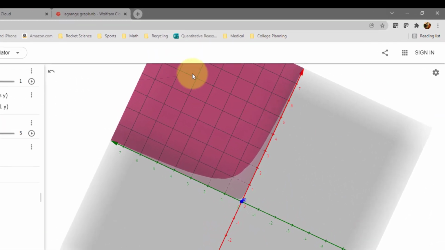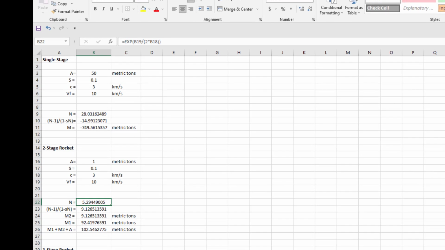It certainly looks that way in the graph as well, and I can see that that's precisely the value that I'm getting here when I take the function e to a power that is the final velocity 10 divided by the exhaust velocity 3, that's multiplied by 2 because of the two stages. So that's the 5.29 something there.